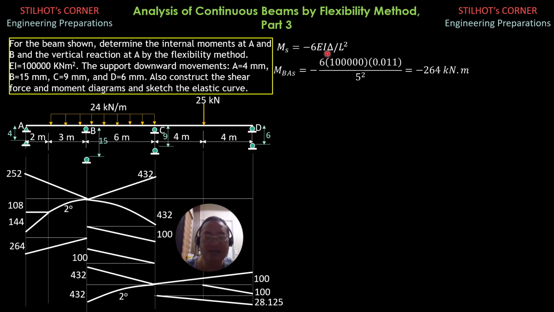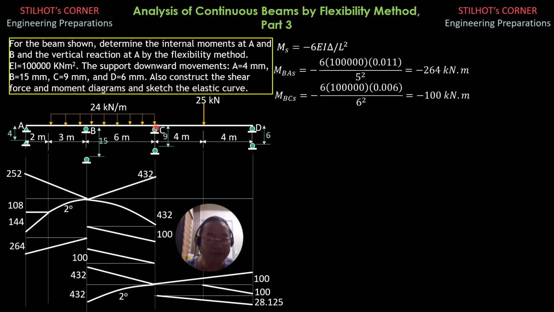It is positive 0.006 in the formula, but there is a negative sign preceding. So negative 6 times 100,000 times 0.006 over L squared, 6 squared, and that's negative 100. So we have a triangular moment diagram, 100 kilonewton meter.